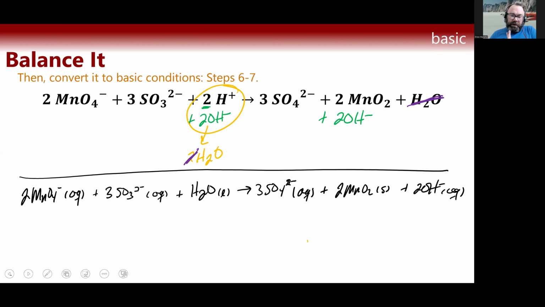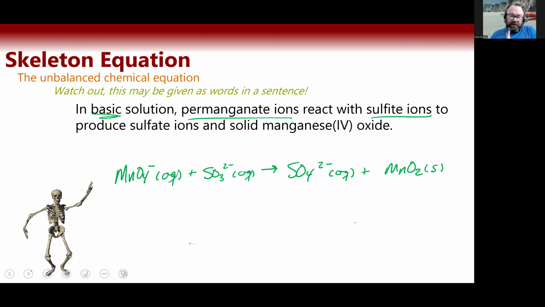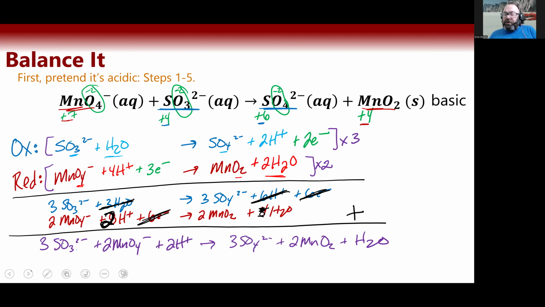Let me go back and remind us what we did. Balance it like it's acidic. So we did this. Balance all the atoms that aren't hydrogen or oxygen. Balance the oxygens by adding water. Balance the hydrogens by adding H plus. And then balance the electrons by adding them to the more positive side. That's what we did here, right? 2 here, 3 here.